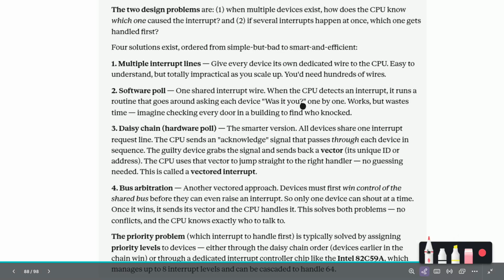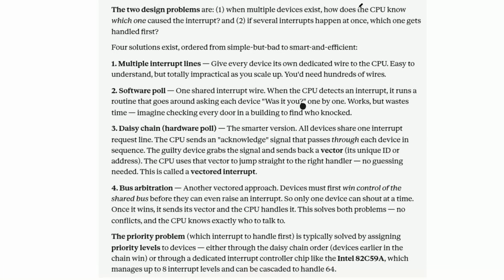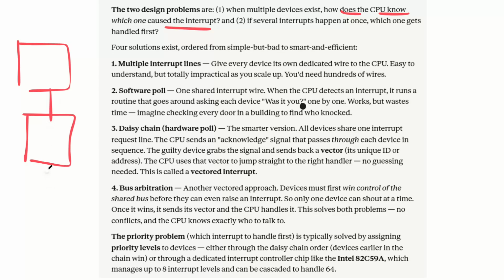When multiple devices are connected, how does the CPU know which one caused it?